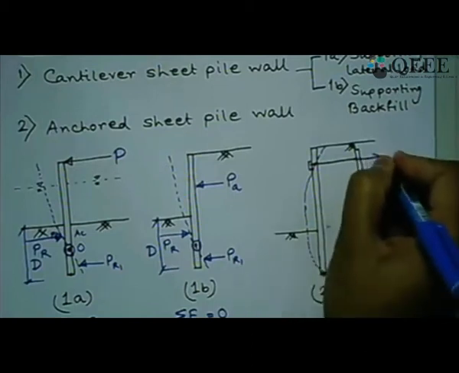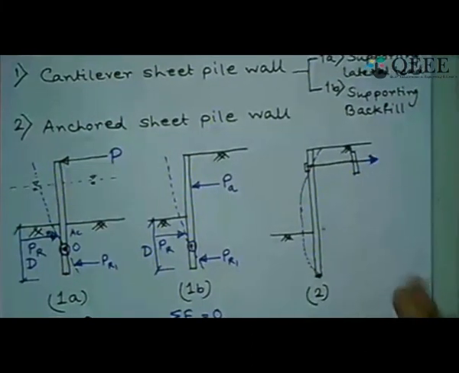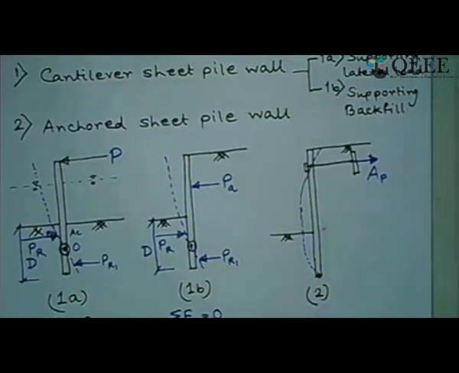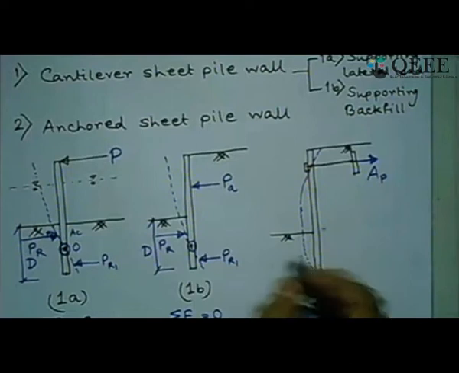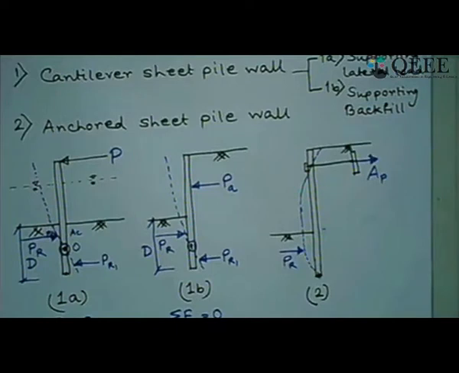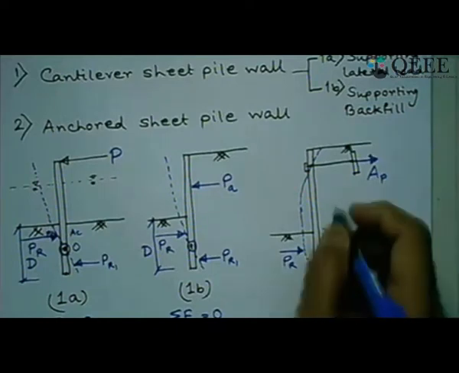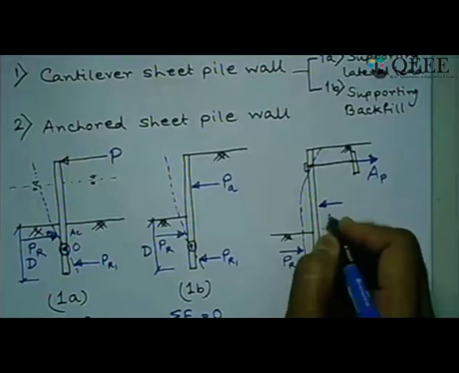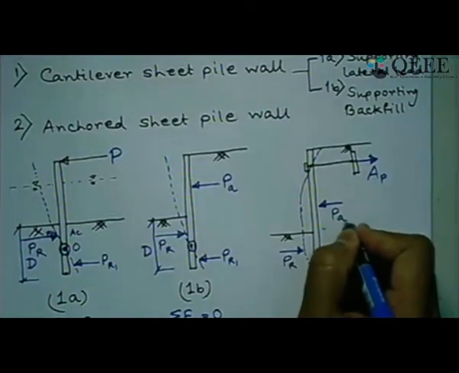So the anchor is having a pull out load here, let us say anchor load AP, and from this side we have a resultant pressure coming, which is, let us say, P resultant, that is the difference of active and passive from both the sides, and on this side also we have the active earth pressure acting.